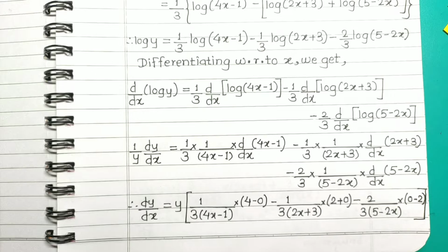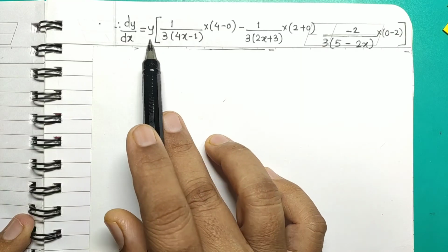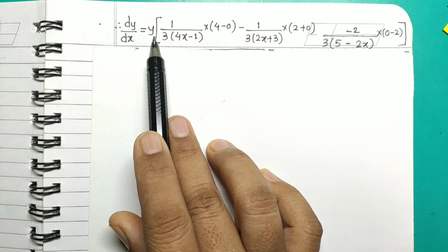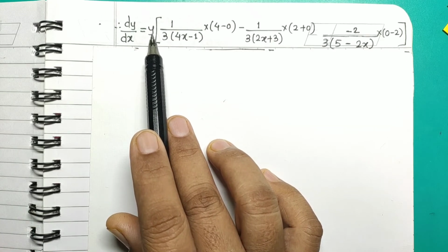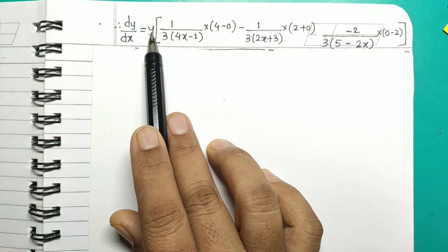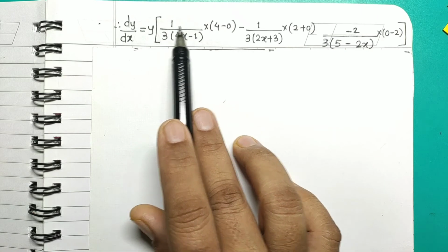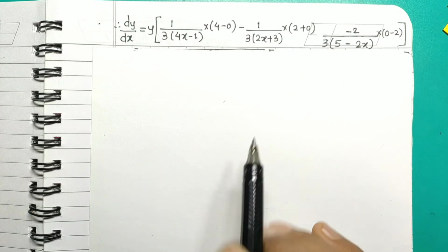Then to the next step, let's replace this y. We have considered y for the given function, so at the last step we are going to replace this y by the given function, and rearrange all the terms in this bracket.